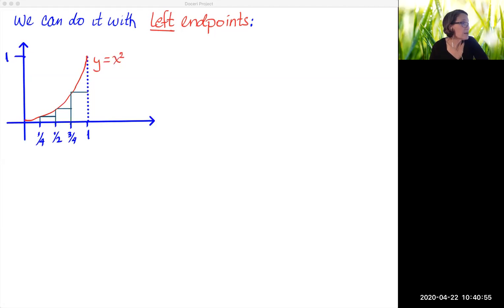And notice that when I do that, it looks like I only got 3 rectangles. And that's because my left endpoint on the first subinterval, the y-coordinate of the left endpoint is 0.